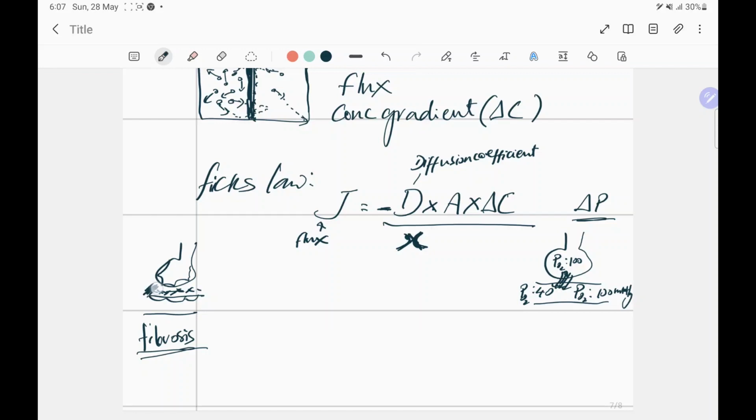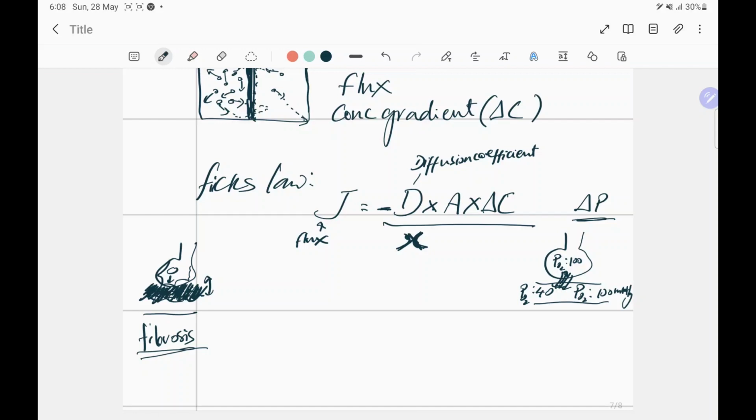And this collagen, or this connective tissue that deposits, makes the distance across which your oxygen molecules have to move much higher. It increases that distance, so that makes it less likely for the molecules to make it across the membrane. So the thicker the membrane, the less is the flux, or the diffusion that's taking place.